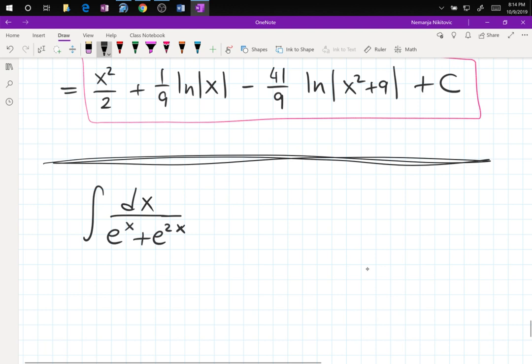Hyperbolic something. No. Have to be x. Did I just use x the whole time? Yeah, use x.